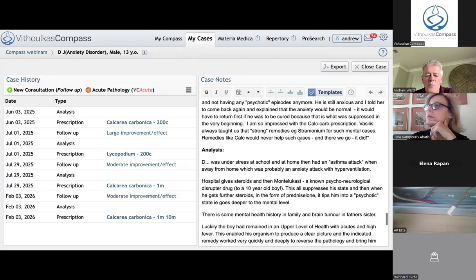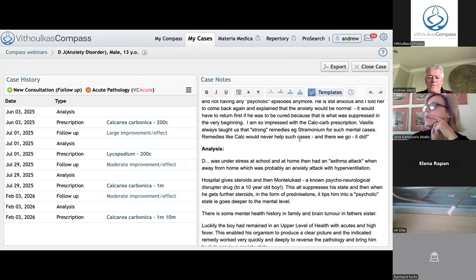So my analysis of this case: this boy was under stress at school and at home, and then he had a so-called asthma attack when he was away from home, which was probably more likely to be hyperventilation, like a panic attack. However, he was given steroids acutely, and then put onto montelukast, a known psychoneurological disruptor, in a 10-year-old boy.